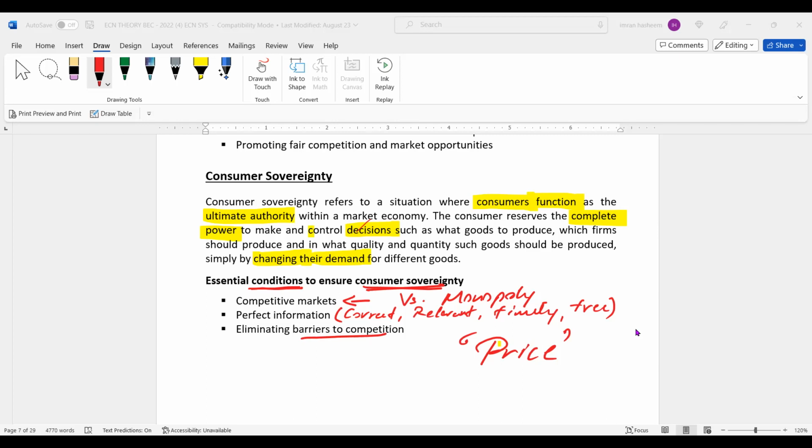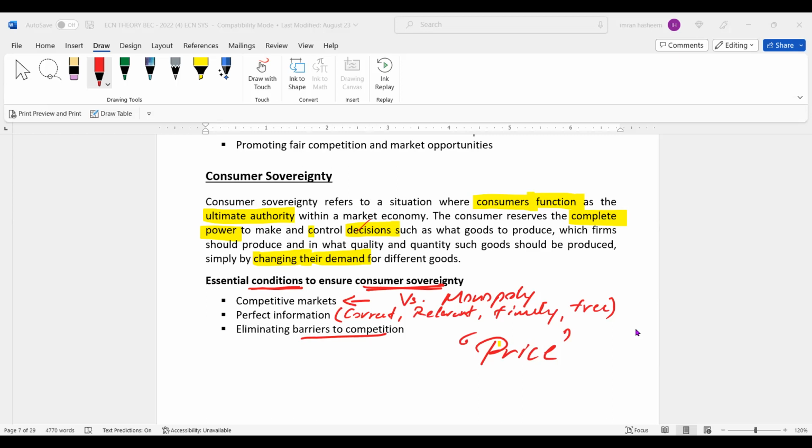Finally, if you have to pay a very high price for your information, the decisions you make after paying a very high price for the information would not be effective, because the outcome or the benefit you get from the decision would not be worth the price that you have paid. So if information is perfect, it has to be correct, relevant, timely, and free.